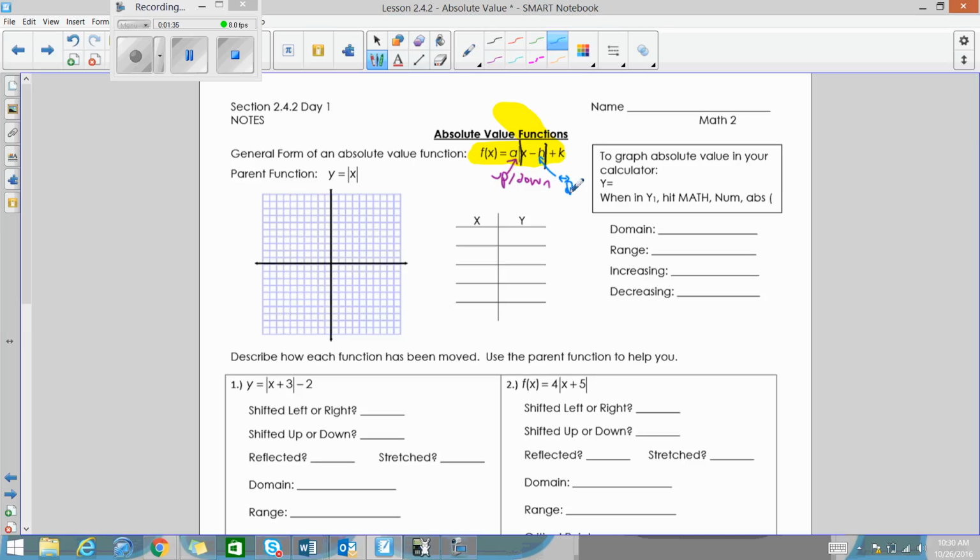I'm writing with my mouse, so that's why it looks amazing. So it's the opposite of going left and right. And then the k value, that number on the outside, is what goes up or down, and it's exactly what it says. So if it says plus 3, it means up 3. If it says minus 8, it means down 8. So it's the exact value.